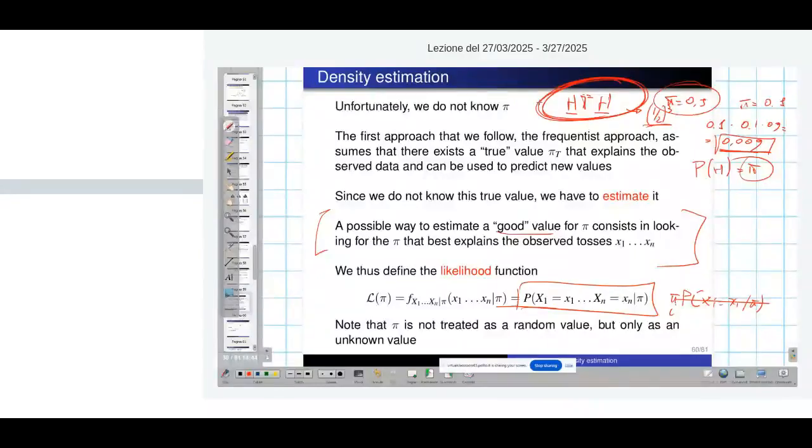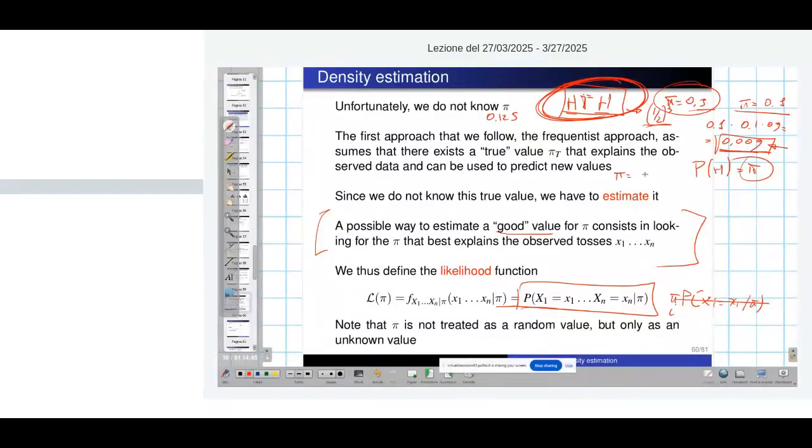I don't know pi, I have an observed sequence, I will select the pi for which the observed sequence has a higher chance of happening. So for example, in this case, if I select pi equals 0.5, the probability of this sequence is 0.125. If I select pi equals 0.1, I get this probability.